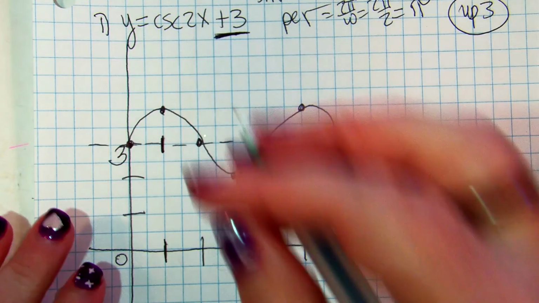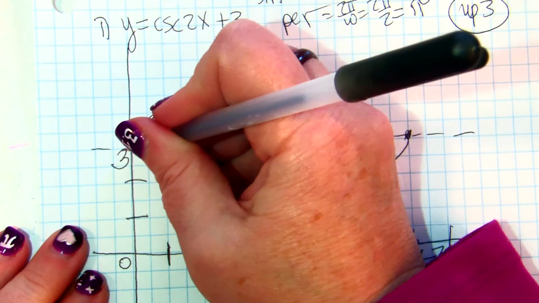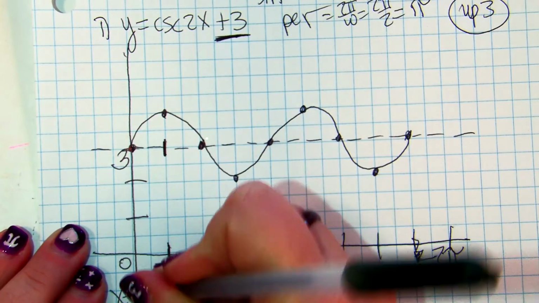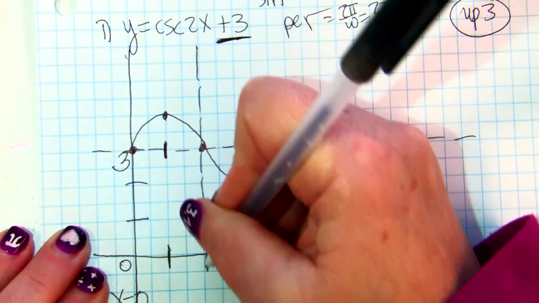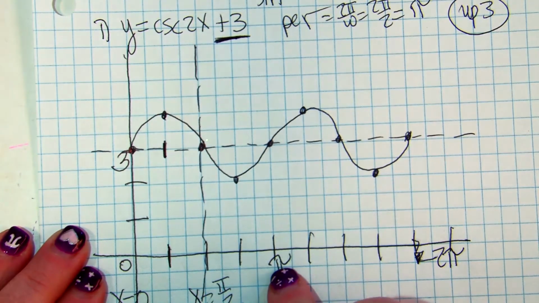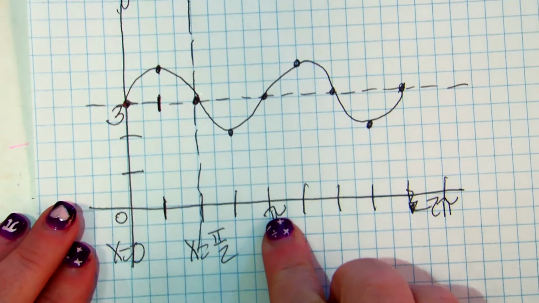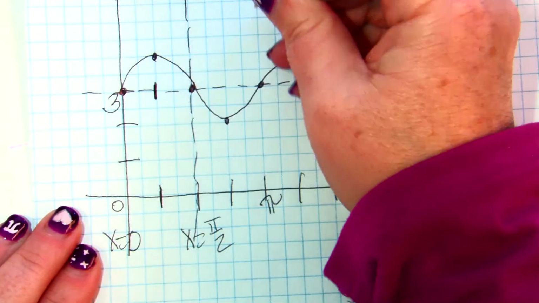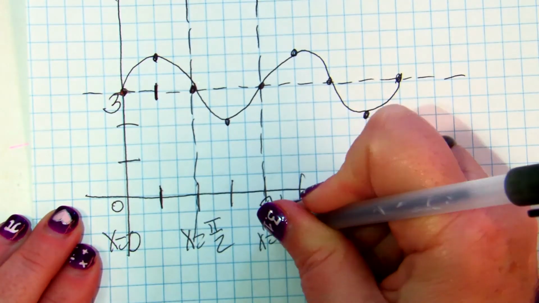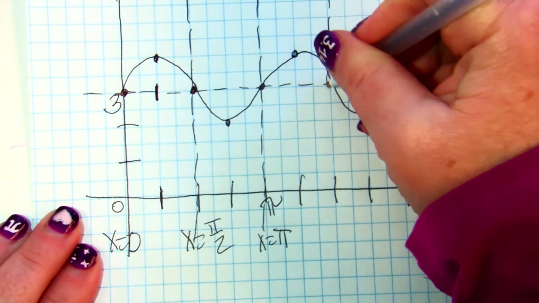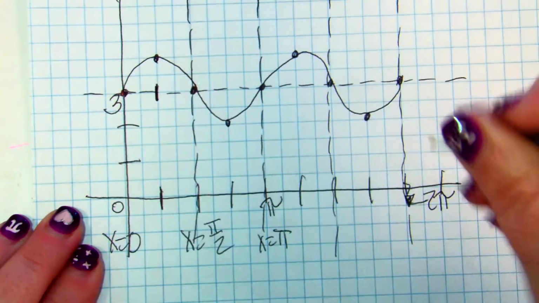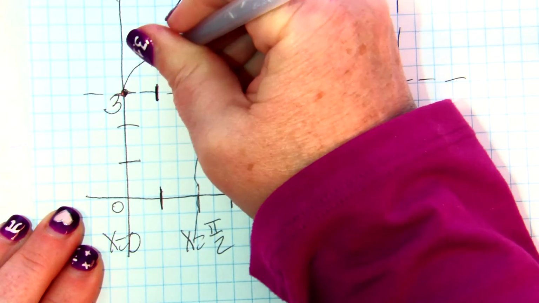And then see where it touches the dashed line? That's where our asymptotes are. So x equals 0, right here. x equals pi over 2, because it's halfway to pi. x equals pi, so it's every pi over 2. And then to make it cosecant, we have to draw the u's.